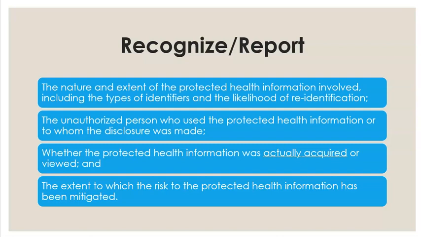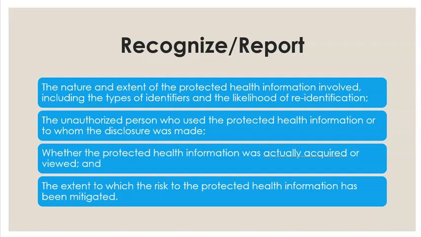An impermissible use or disclosure of PHI is presumed to be a breach unless the covered entity or the business associate, two terms you should be familiar with, demonstrates that there is low probability that the PHI has been compromised based on what is known as a risk assessment.